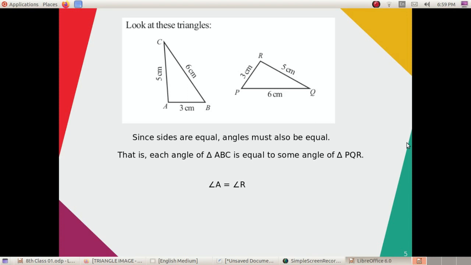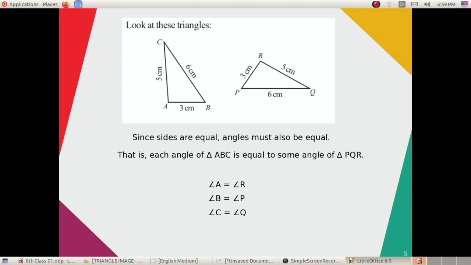Similarly, angle B is opposite to the length 5 centimeters. Now look at the second triangle. Angle P is opposite to the length 5 centimeters. So angle B must be equal to angle P. Similarly, we can see that in both triangles there are sides with 3 centimeters length.